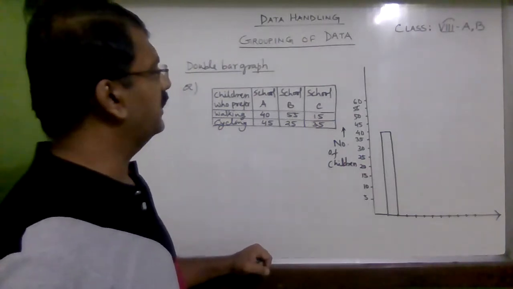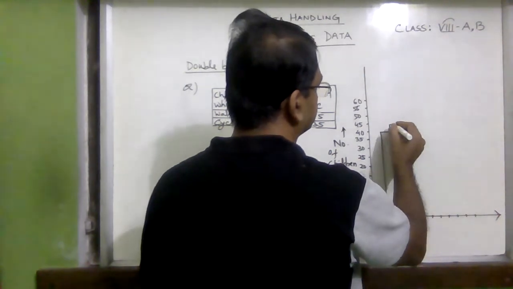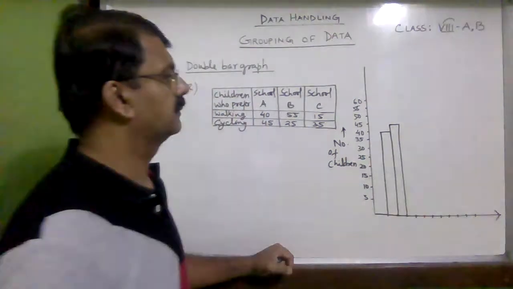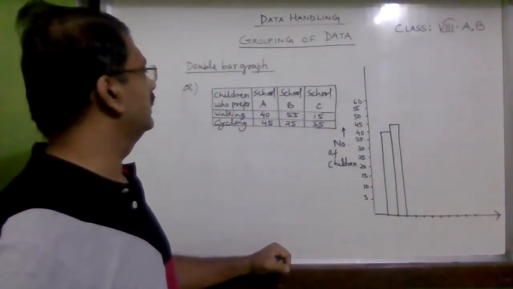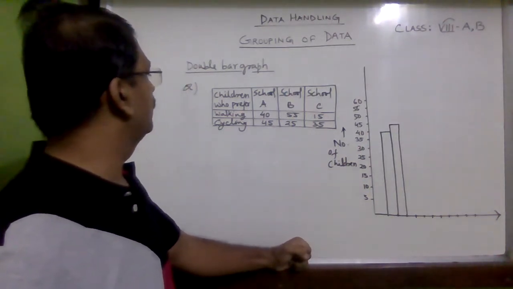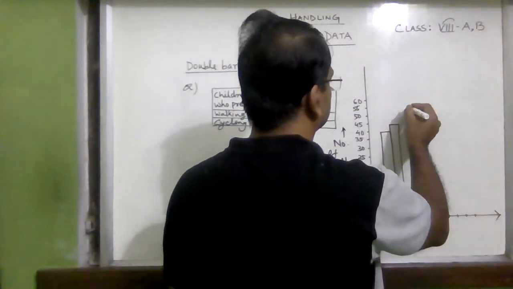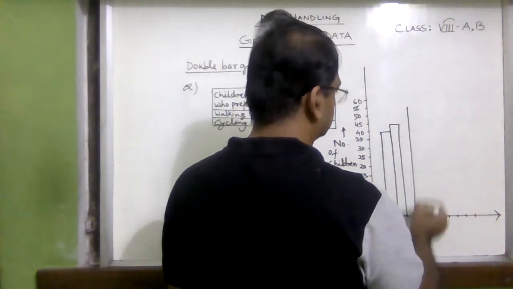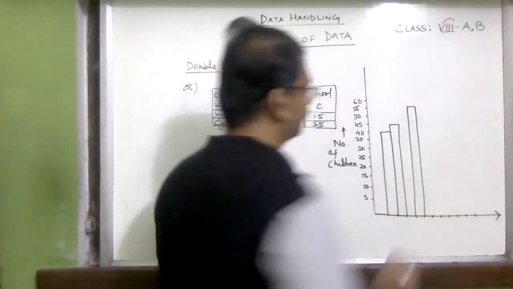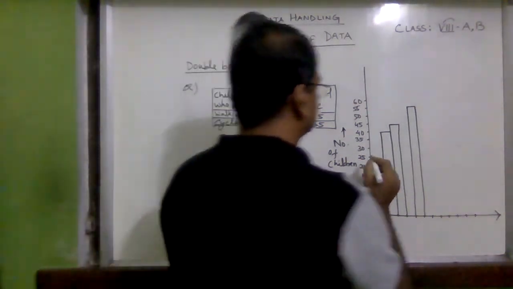And 45 students prefer cycling. Like this, and then you leave a gap. In School B, 55 students prefer walking, and 25 students prefer cycling.